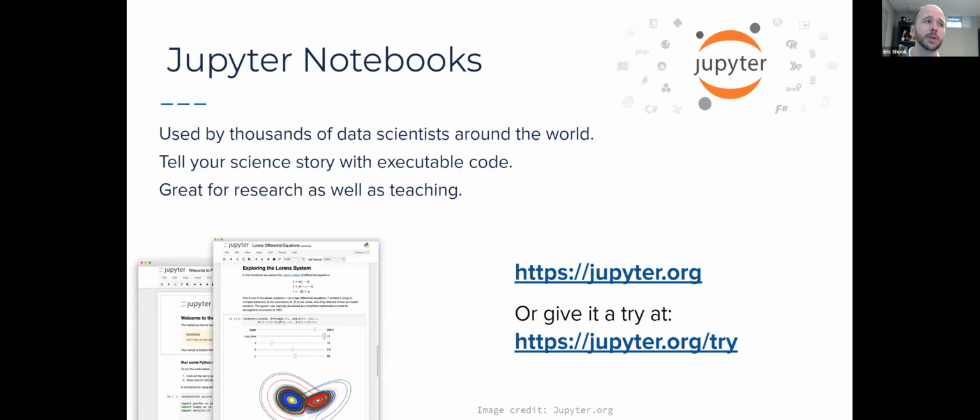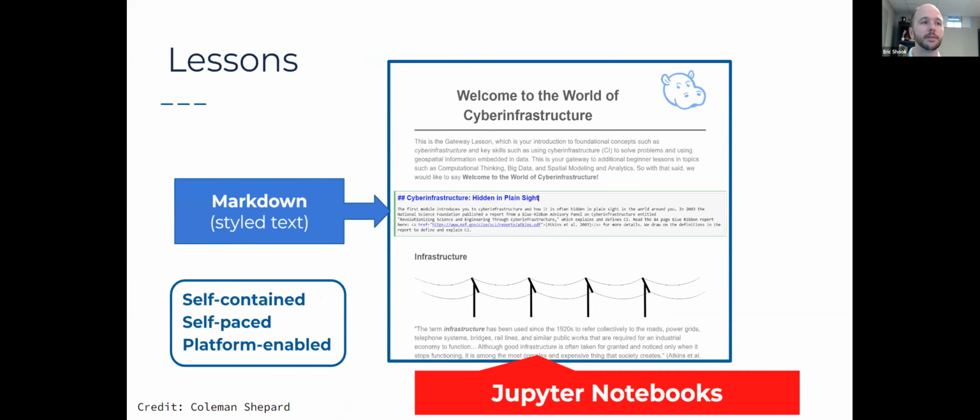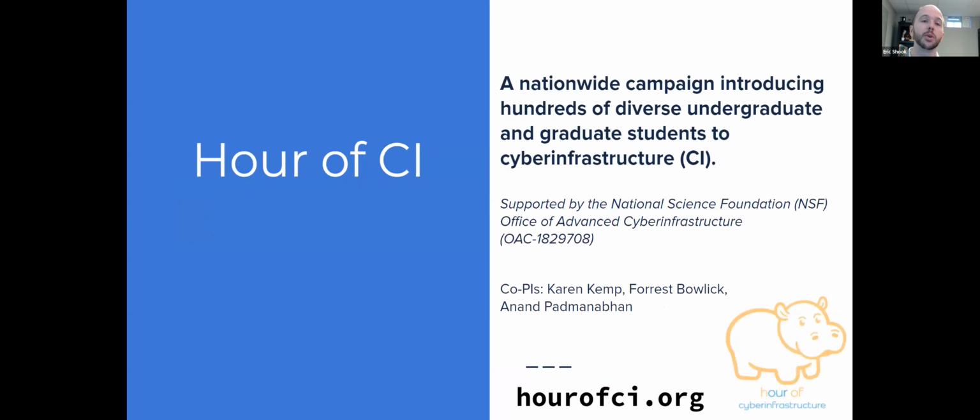And a lot of it is going to be using Jupyter notebooks, which are used by thousands and thousands of data scientists around the world. So we'll have lessons written in Jupyter notebooks that are launchable by everybody. One of the notebooks that we're bringing into the platform right now is another project that I'm leading called the Hour of Cyber Infrastructure, where we have a number of hour-long hands-on lessons already.